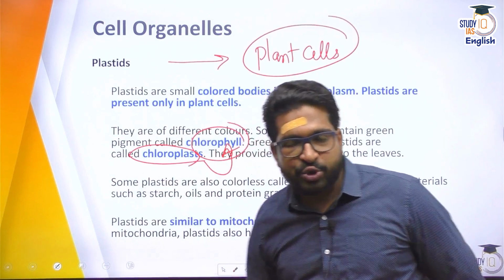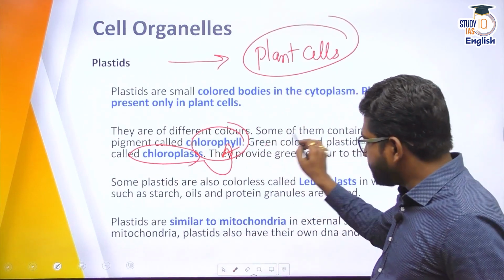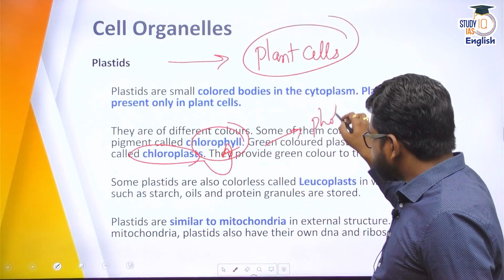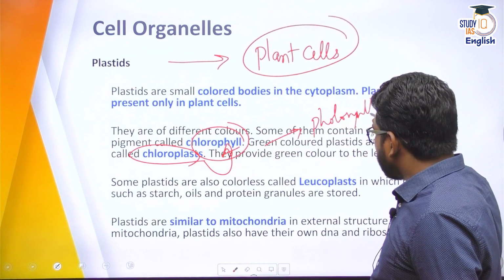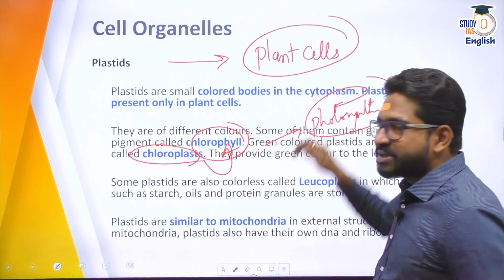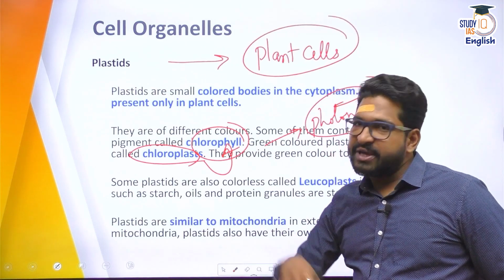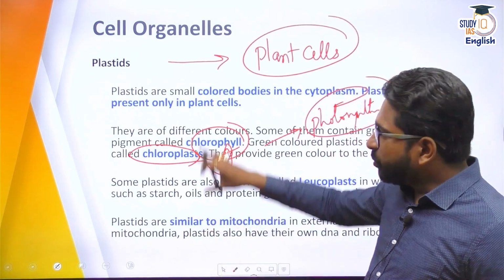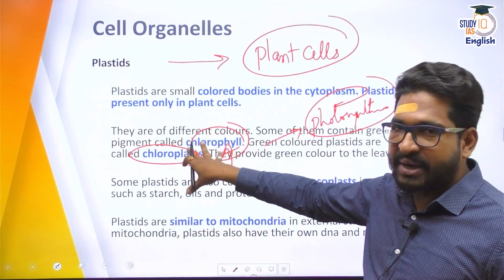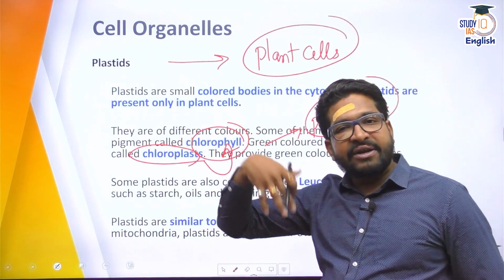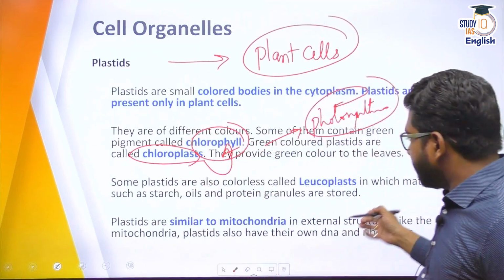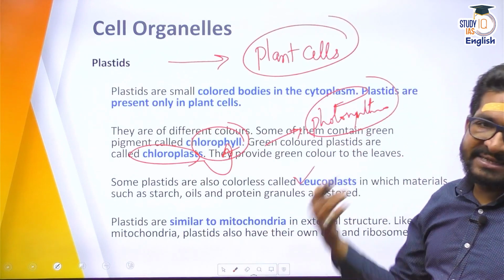It contains a huge amount of magnesium, which helps in photosynthesis in plants. That is why plants are called autotrophs, because they can undergo photosynthesis and produce their own food. But please remember, plants do not contain only one kind of plastid called chloroplast. They can also contain different kinds of plastids like leucoplasts, amyloplasts, etc.